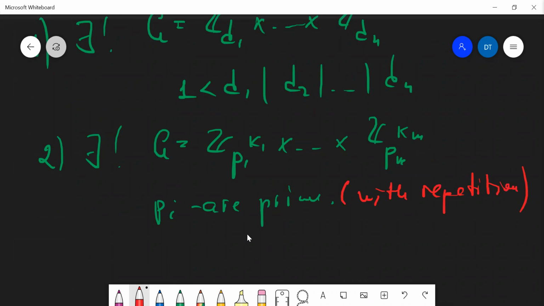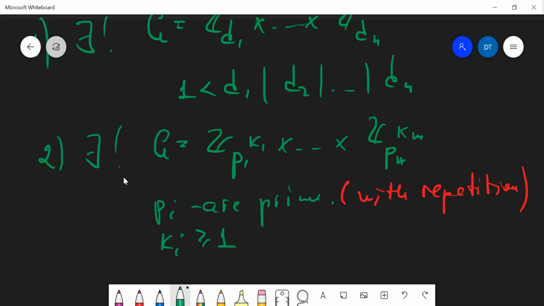And up to permutation of factors, this form is also uniquely determined. And the numbers k1 to km are greater than 1, so they are not 0, so 1 and larger.